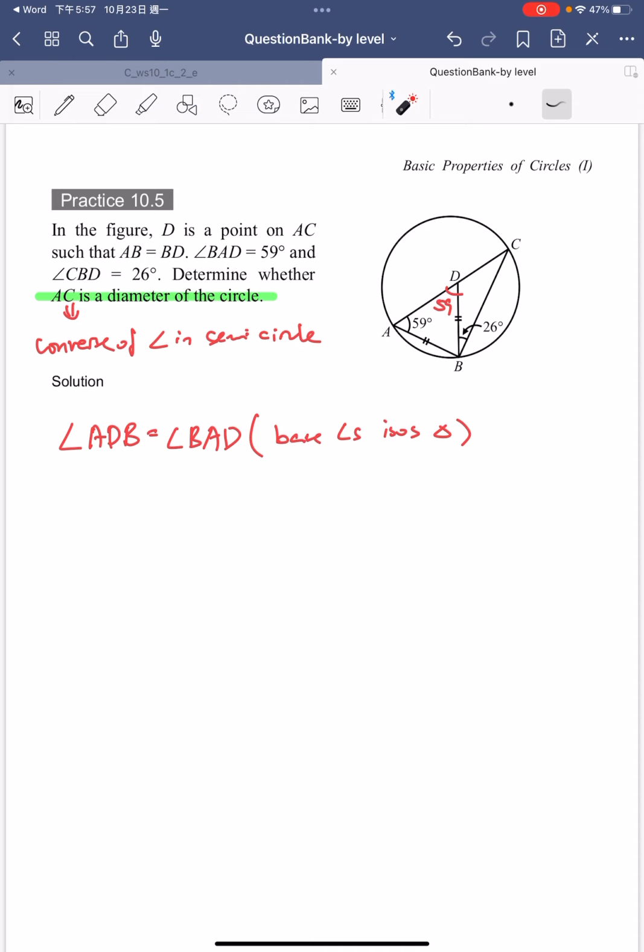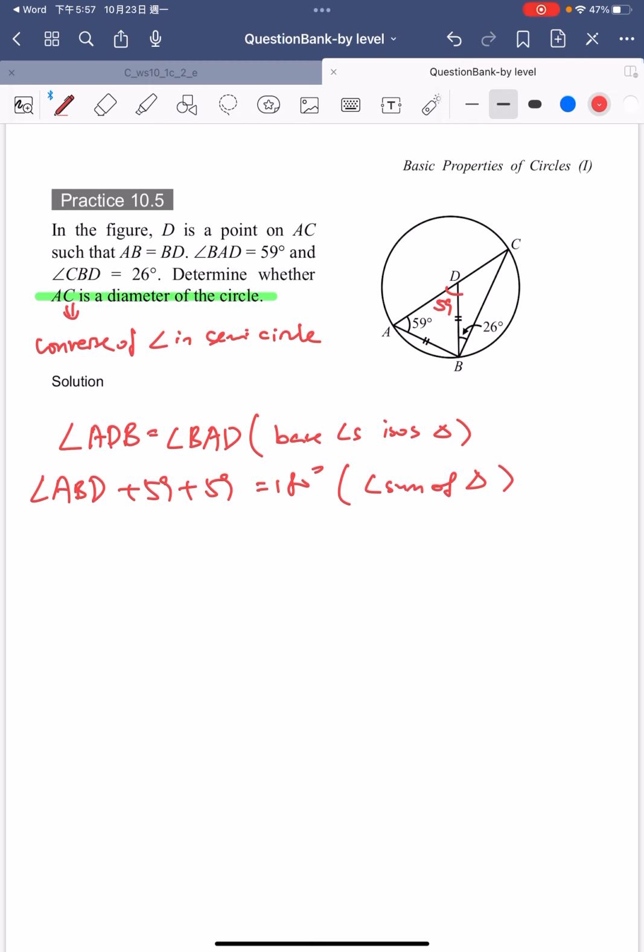Then we use the angle sum of a triangle to find the angle ABD. So angle ABD plus 59 plus 59 gives you 180 degrees by the angle sum of a triangle. So we have the angle ABD is equal to 62 degrees.